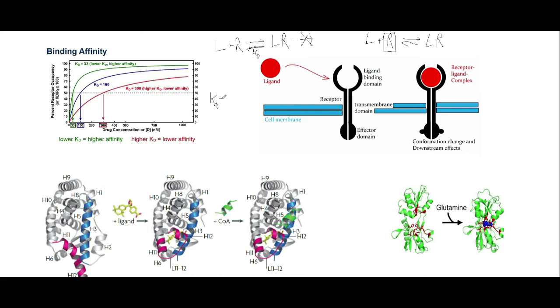So you will often see it written as this, which should look familiar from our equilibrium constant, except if we were doing equilibrium, actually it's supposed to be uppercase K-EQ, you would probably see it written the other way, because this would be talking about the binding of the ligand to the receptor.